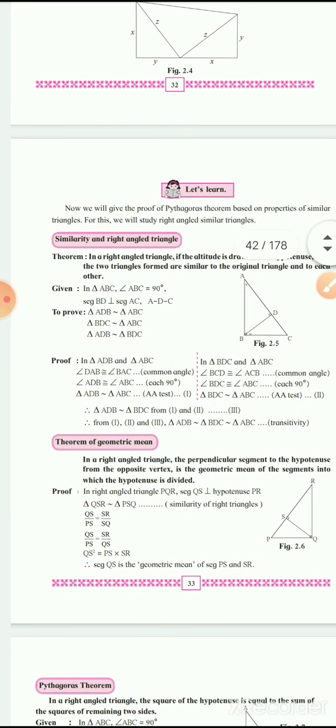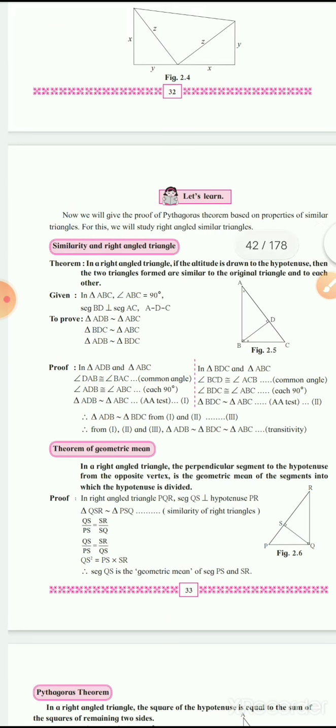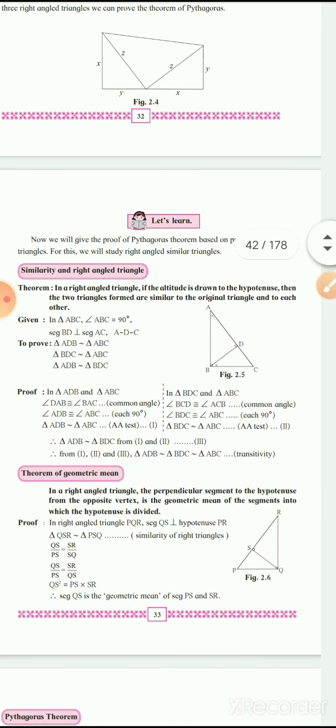Now we are learning about similarity and right angled triangle. First of all, the theorem of similarity and right angled triangle.